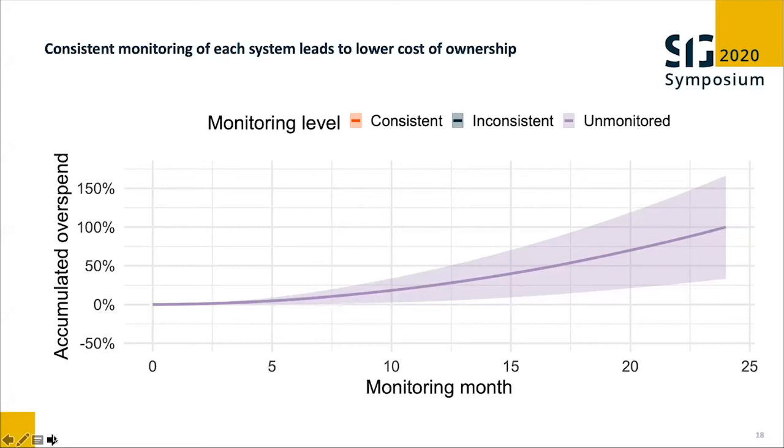If we then plot in the consistently monitored systems, so these are systems that SIG has been providing consistent, at least monthly monitoring service for, then you see that this overspend basically doesn't accumulate, at least not on average. Of course, there are always some outliers, both up and down. So down meaning any overspend that existed was actually removed during the monitoring project.